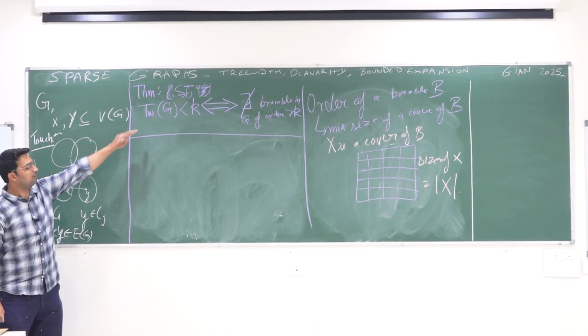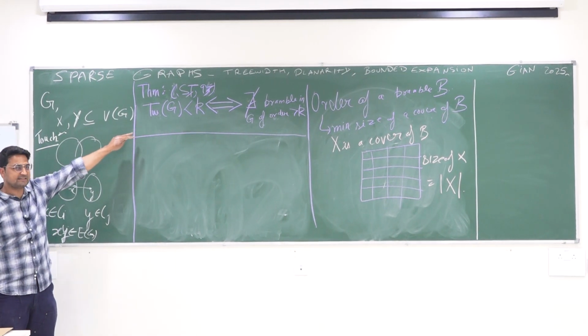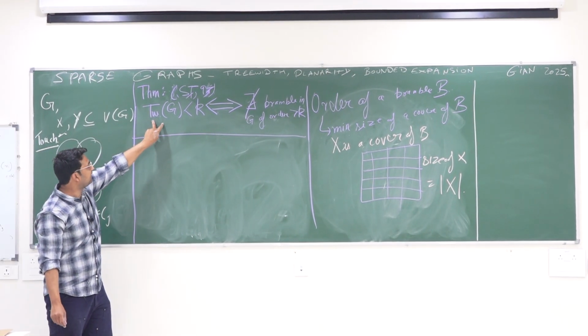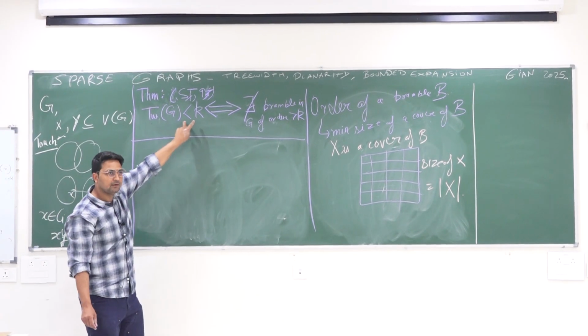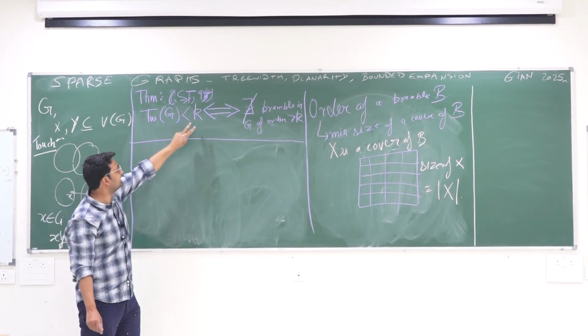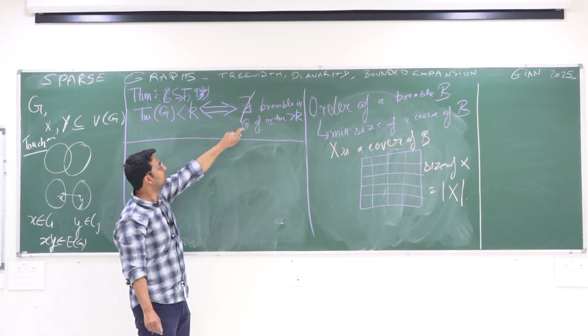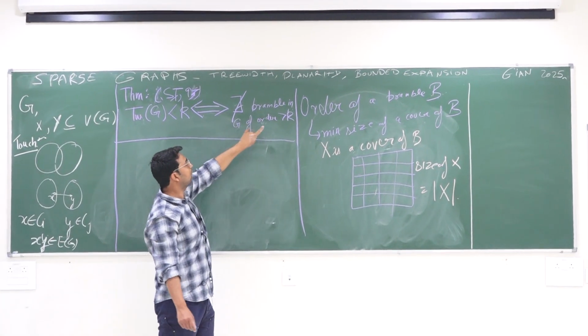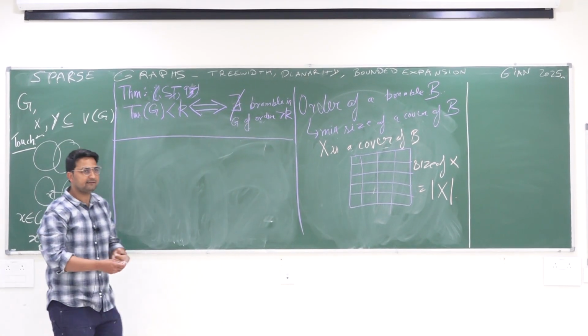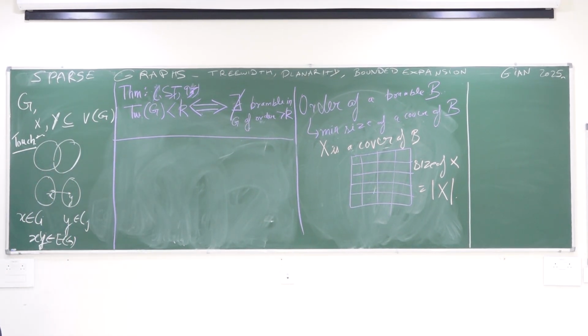So this is the main theorem, which says that my graph has low treewidth, which means treewidth less than K, if and only if there is no Bramble in G of order greater than K. That says if my graph has a Bramble of higher order, then my treewidth cannot be smaller. This is the main theorem that we want to prove, and if you observe, this is a min-max kind of thing.